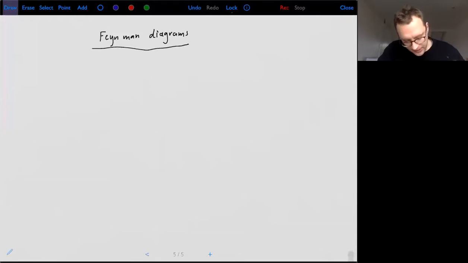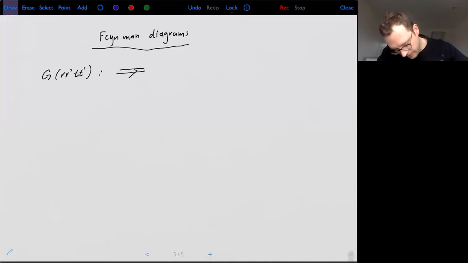So let's first look at the ingredients. We represent the Green's function by this line that has an arrow in it. This is a line that goes from r t space-time point to r prime t prime. So that represents the interacting Green's function. And to represent the non-interacting Green's function, we just use a single line.